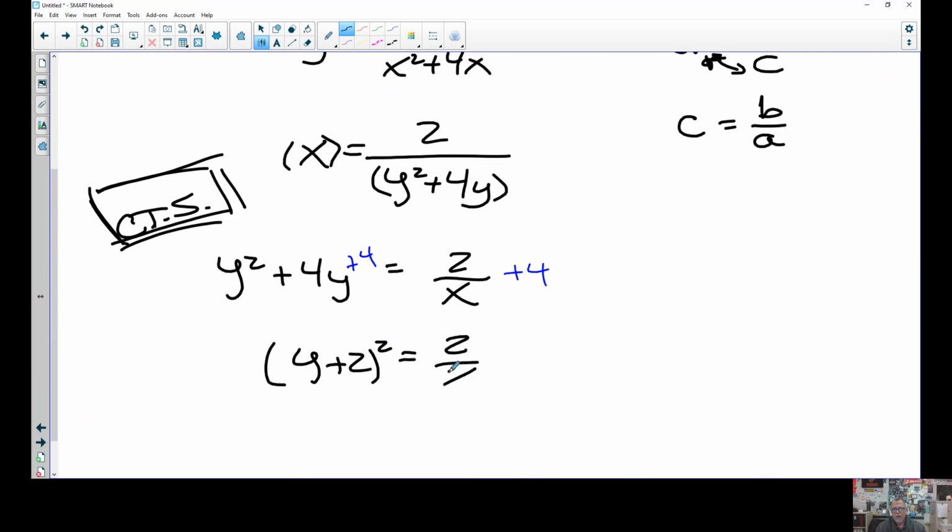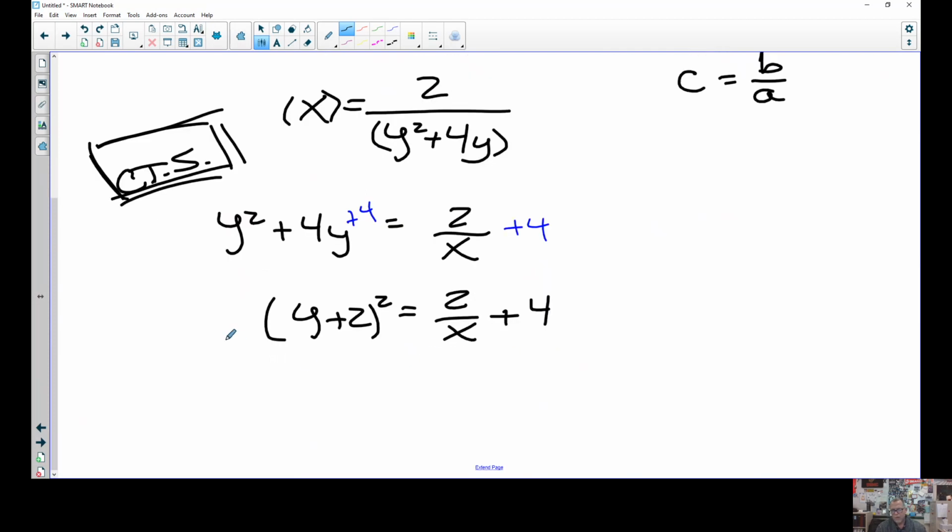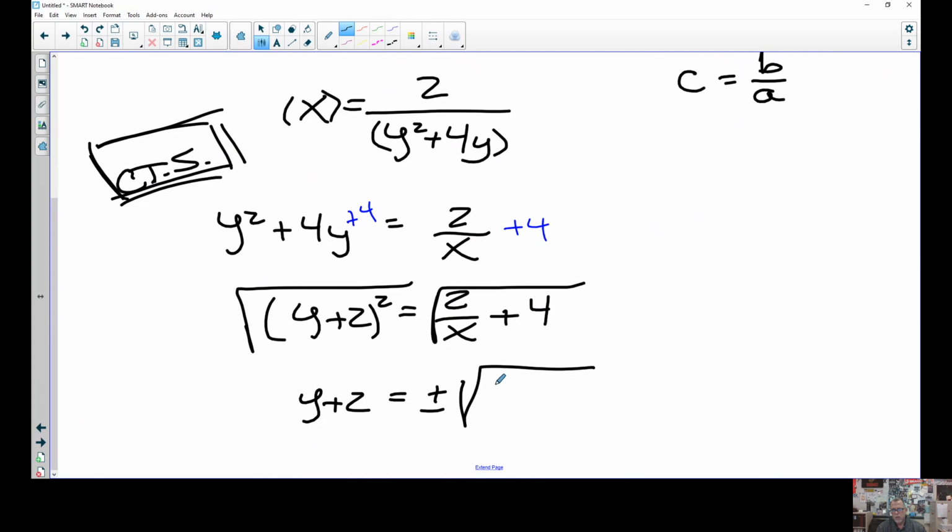So now I have that equal to 2 over x plus 4. Now, what do I have to do? Well, I got to get y by itself. So I am going to take the square root of this side and the square root of this side. On this side, when I take the square root of that squared, I get y plus 2. On this side, I get plus or minus the square root of 2 over x plus 4.